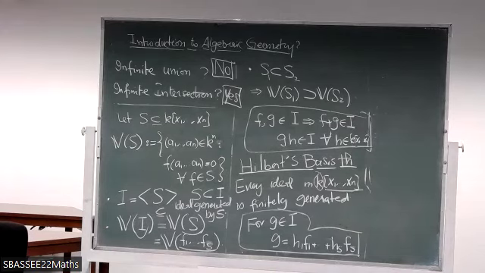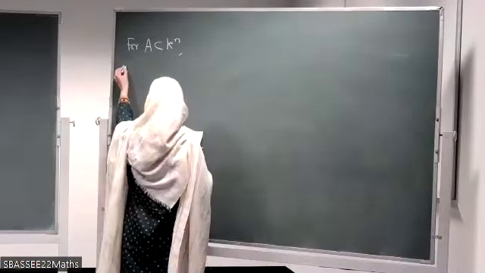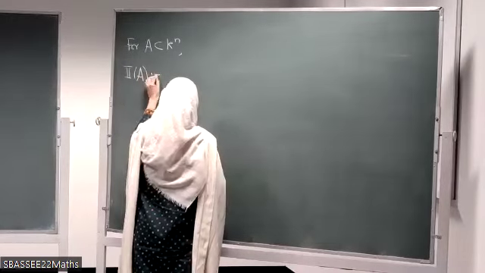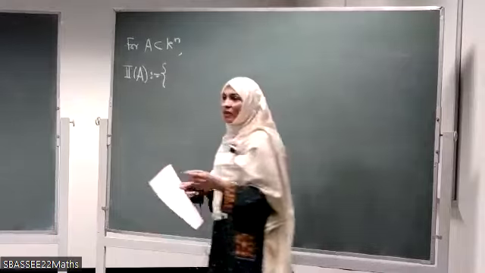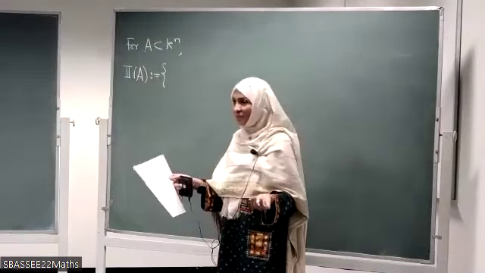For example, I'm picking a subset A of K^n, the affine space. Now I'm defining the ideal of A, which will be a subset of your polynomial ring.